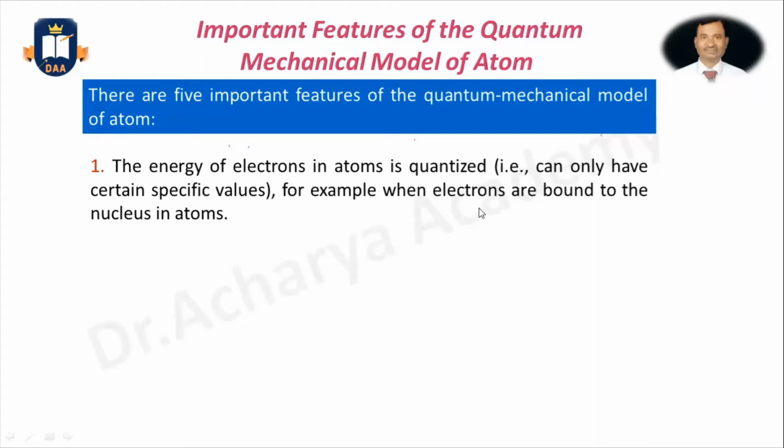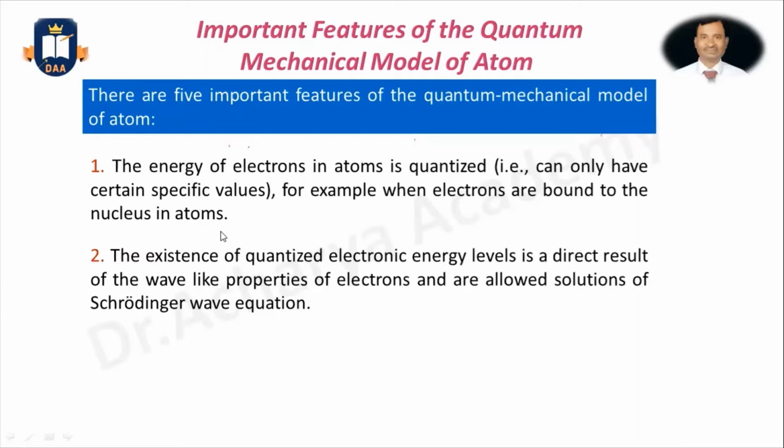For example, when electrons are bound to the nucleus in atoms, they will take some specific energies, and that's why it is called that the energy of the electrons in atoms is quantized.